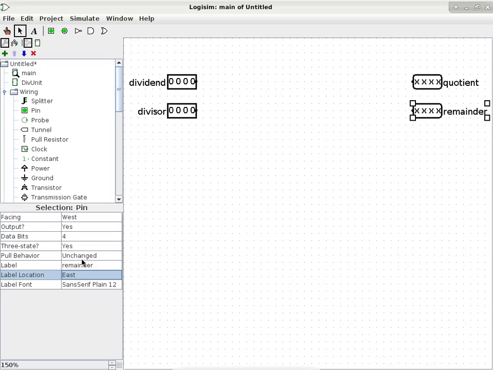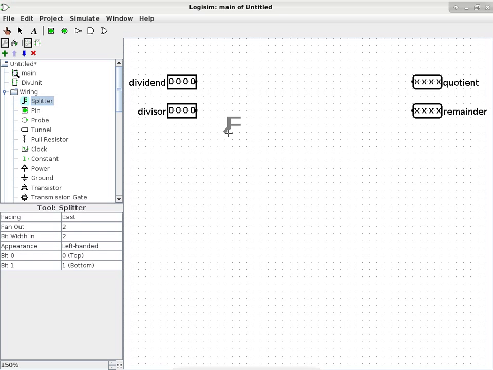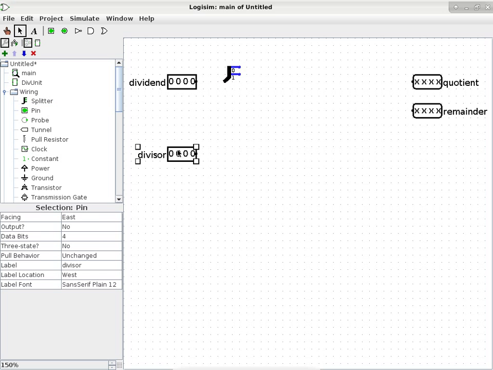Like so. All right. So now the question is, what do we do with all of these things? The dividend is the one that needs to be broken up into tiny little pieces because we need to splice the individual bits, feed those into the division units, take the output, combine it with another bit from the dividend, and so on. So that means a splitter is inevitable from the perspective of the dividend. The divisor, on the other hand, for the most part, we only need as a whole thing.